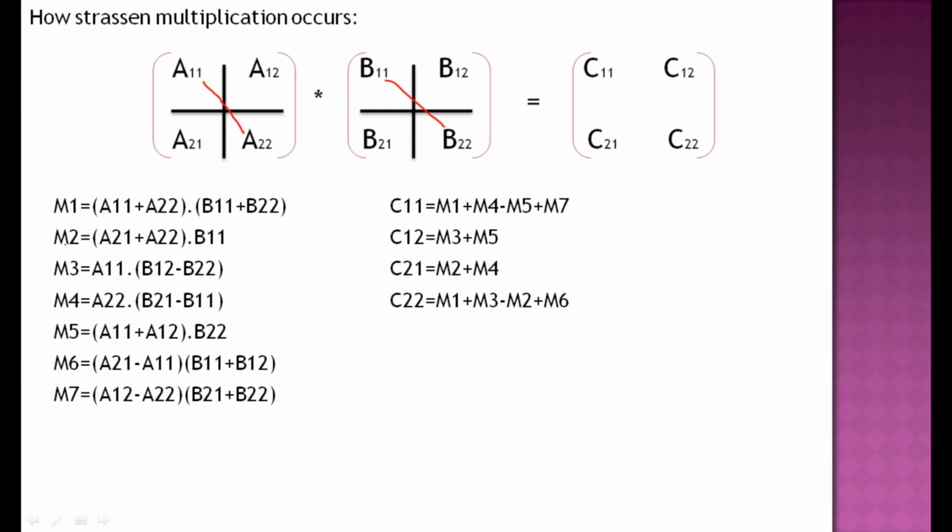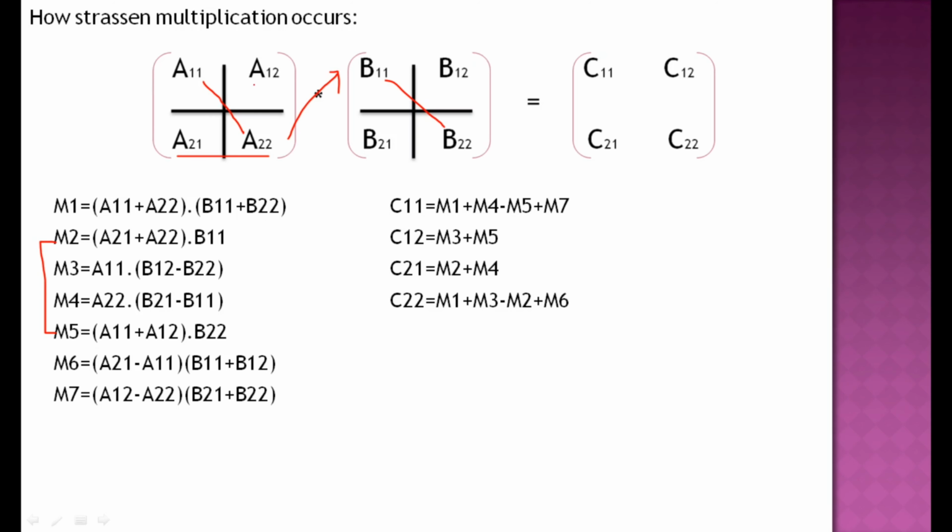Next, the second multiplication, m2. Here we are going horizontally, so (a21 + a22) into b11. When we take this as horizontal, then we have to multiply it crossly, diagonally. Before discussing m3 and m4, let us discuss m2 and m5.